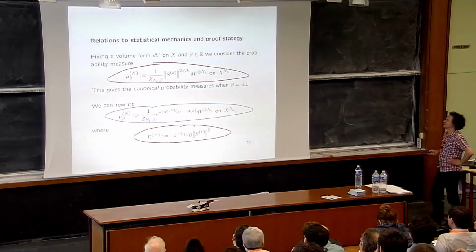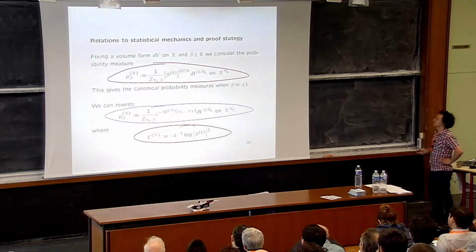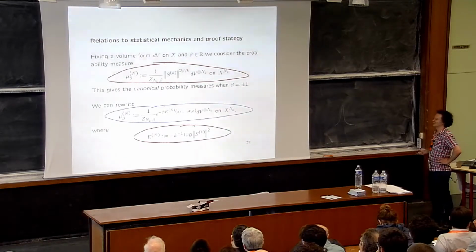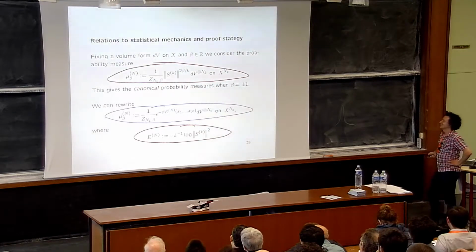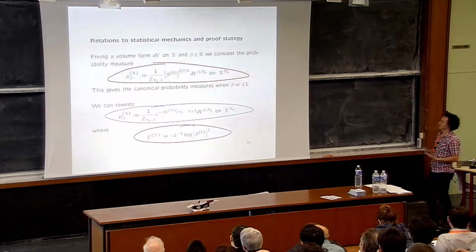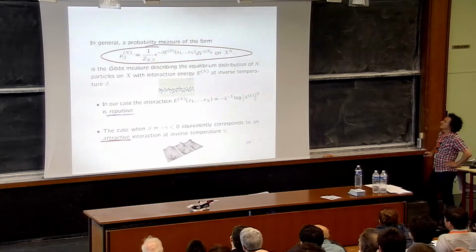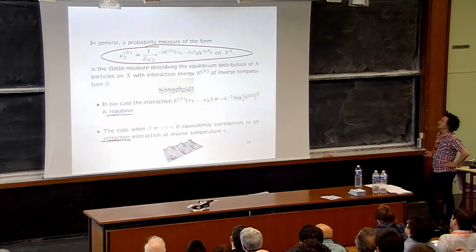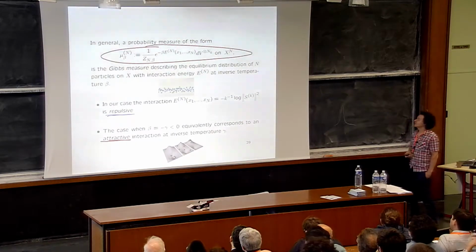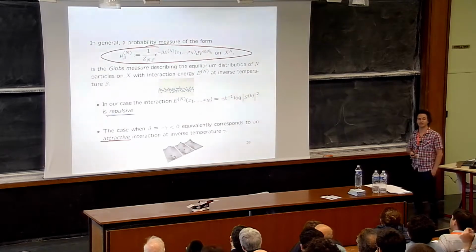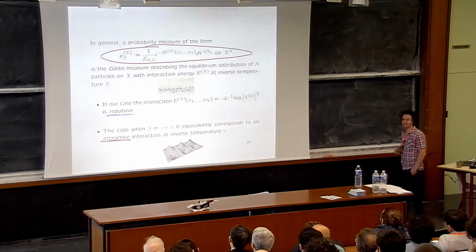There is this tautological way of rewriting this probability measure in the following way. I just define E to be what you need it to be for this to make sense. Why do I do this? Because now it really fits into the setting of statistical mechanics. In general, a probability measure of this form is the Gibbs measure, or the Boltzmann-Gibbs measure, which describes the equilibrium distribution of n particles on X interacting by this energy function E_n at inverse temperature beta.